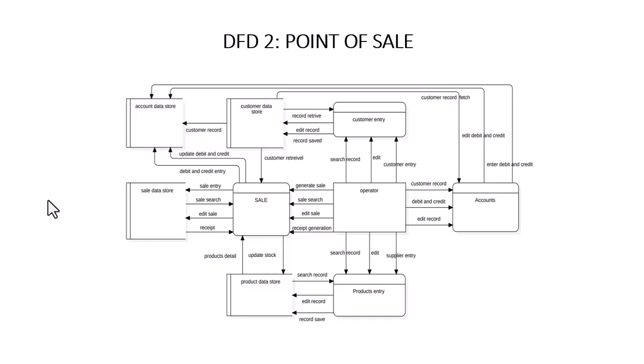So DFD is very important. DFD 0 shows the very high level components and external entities, then DFD 1 shows the processes involved inside DFD 0, and then we go to DFD 2 for further details.